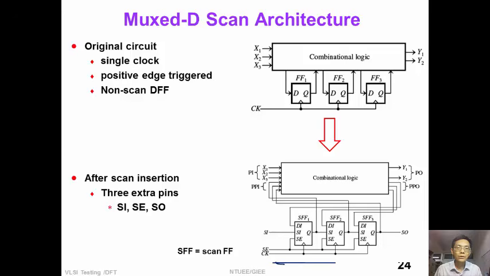This slide shows a simple circuit with 3 flip-flops. Before DFT insertion, there were 3 non-scan D flip-flops. After scan insertion, those non-scan flip-flops were replaced by scan flip-flops.